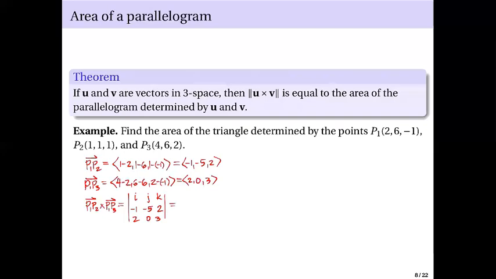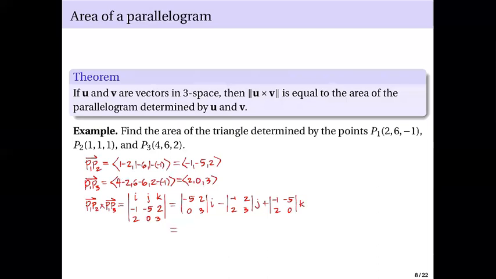So here you got determinant of negative 5, 2, 0, 3, I, minus determinant of negative 1, 2, 2, 3, J, plus. Third, you have determinant of negative 1, negative 5, 2, 0, K.